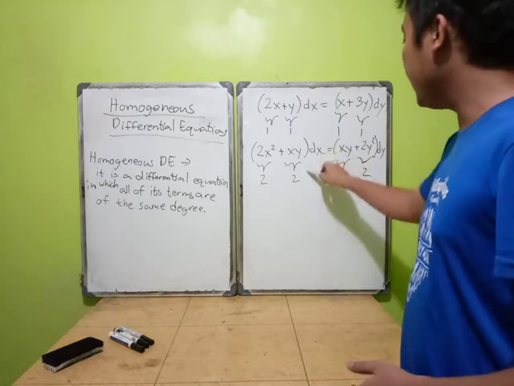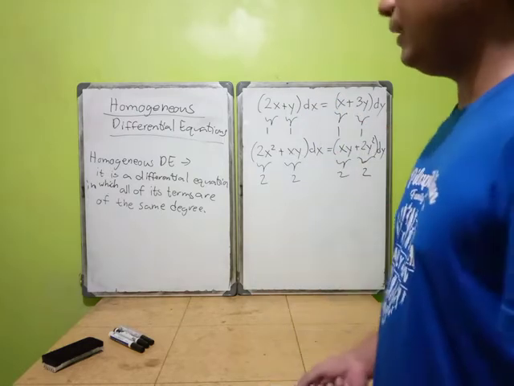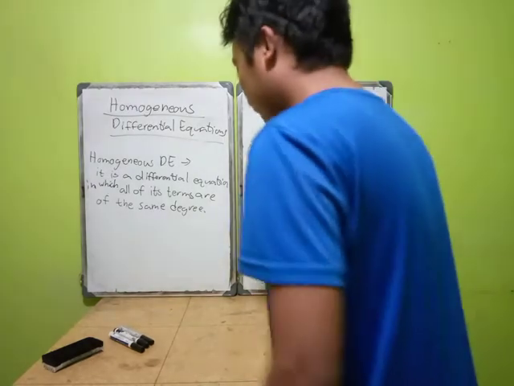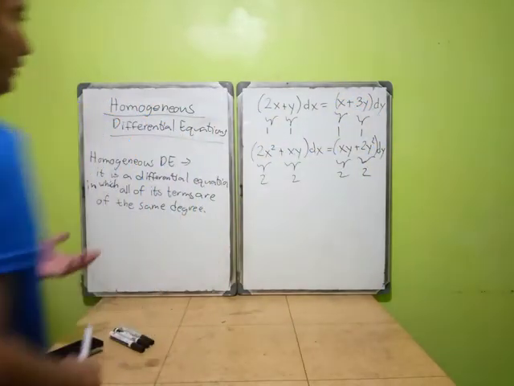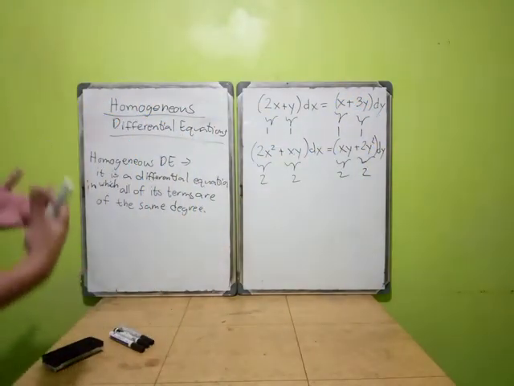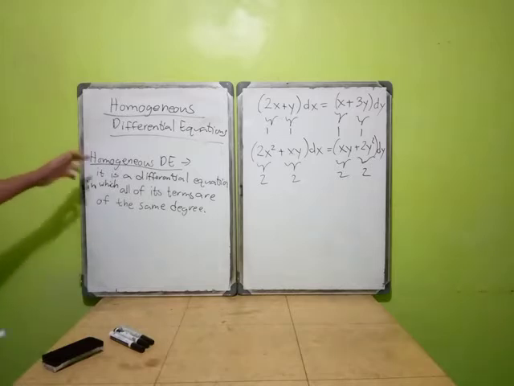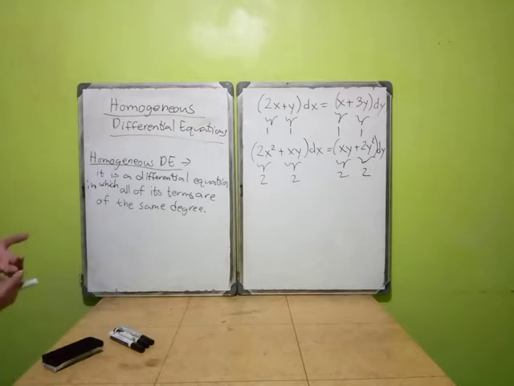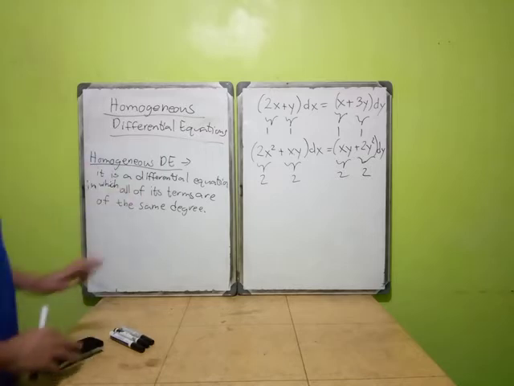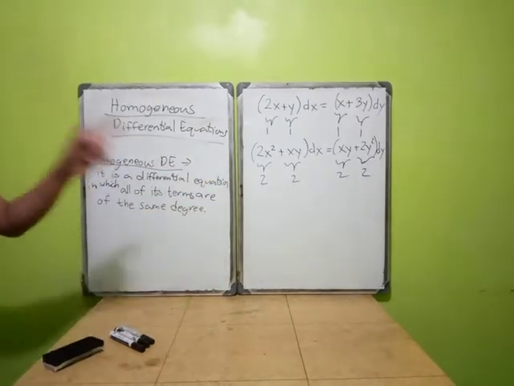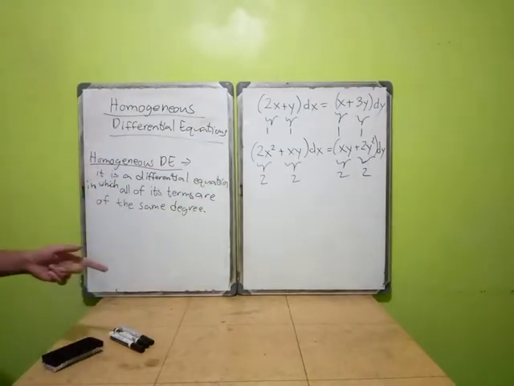So, both of these are homogeneous differential equations, kasi they are of the same degree. Okay? So, ganyan yung definition ng homogeneous differential equations natin. And we can only apply the solution that is valid only for homogeneous differential equation if all of the terms inside that differential equation are of the same degree.